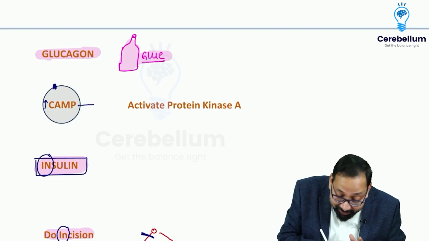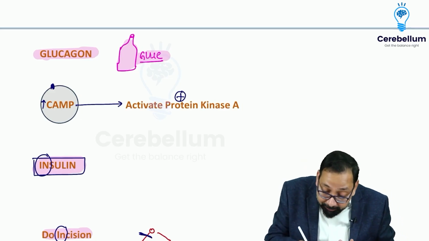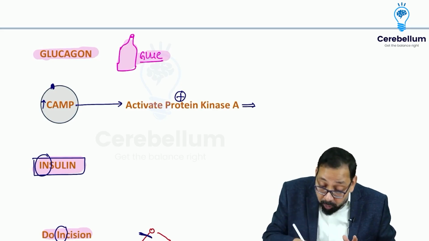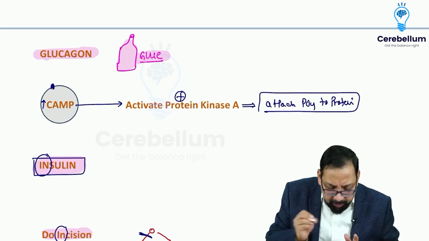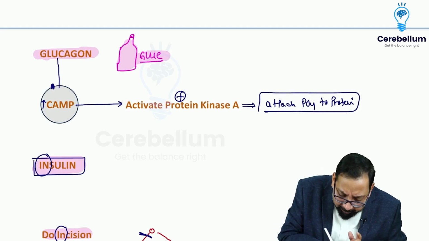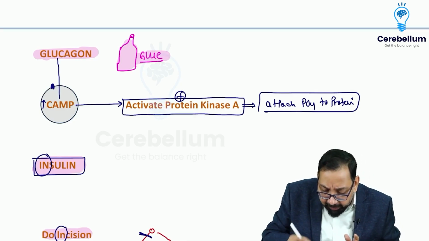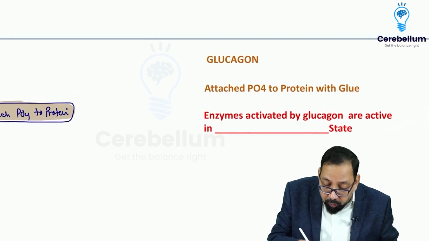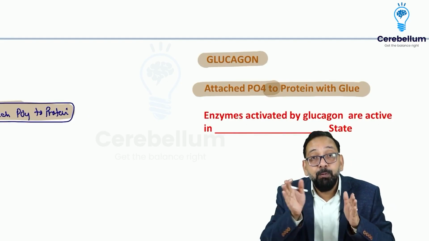This increased cyclic AMP activates protein kinase A. This protein kinase A, a kinase, transfers a phosphate group onto protein, so it attaches phosphate to protein. So you can make this concept: glucagon increases cyclic AMP, this cyclic AMP activates protein kinase A, which attaches phosphate to protein. Or simply you can make a mnemonic: glucagon attaches phosphate to protein with the help of glue.